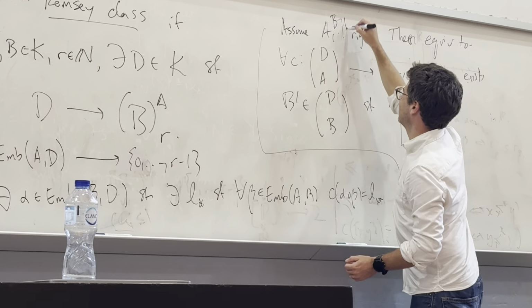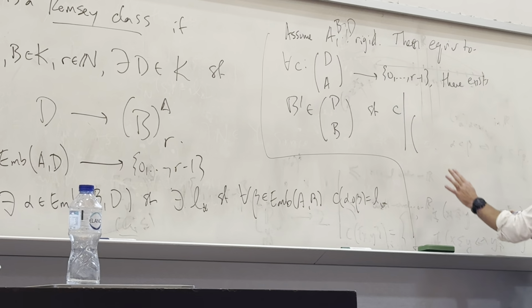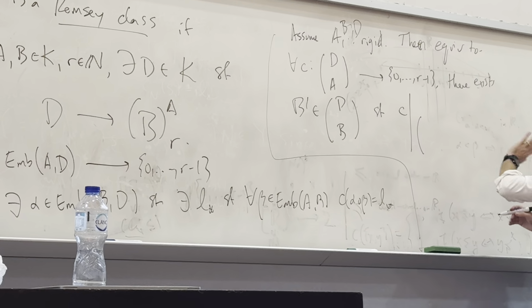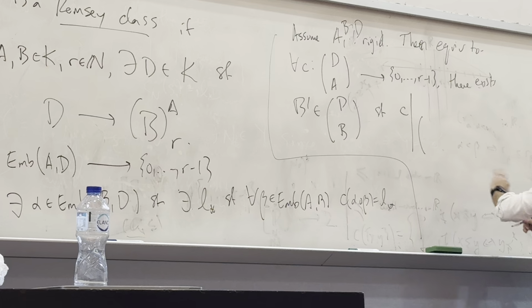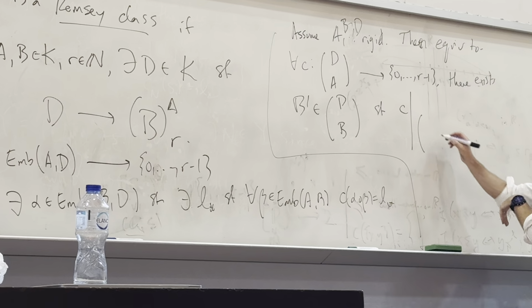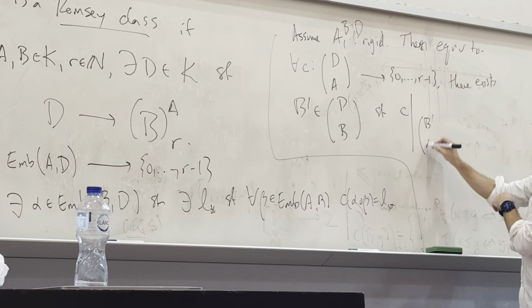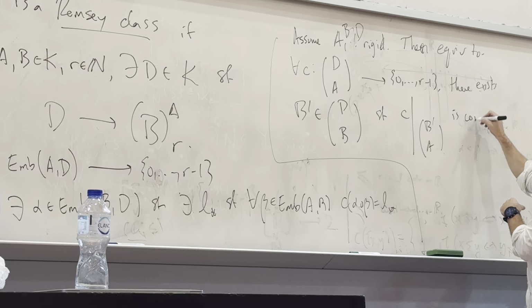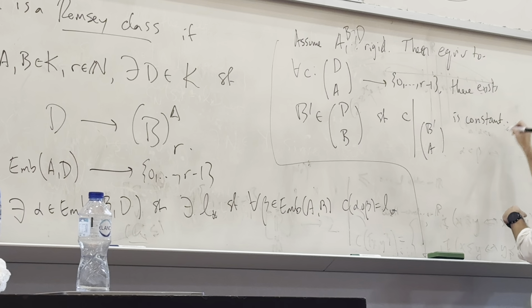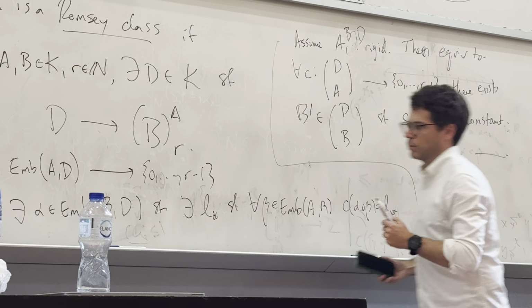Everything is rigid, just for simplicity. We're actually going to assume the whole class is rigid elements. So when I restrict C to copies of A living in B prime, this is constant. Okay? So let's draw a picture and see what this is.